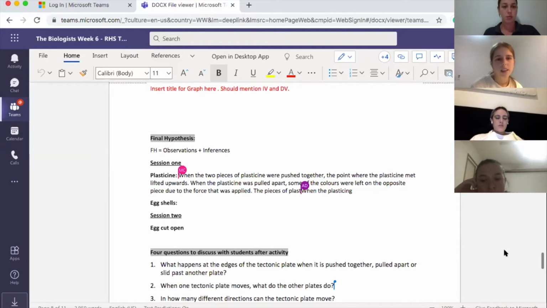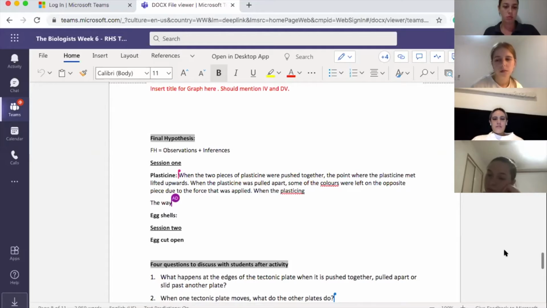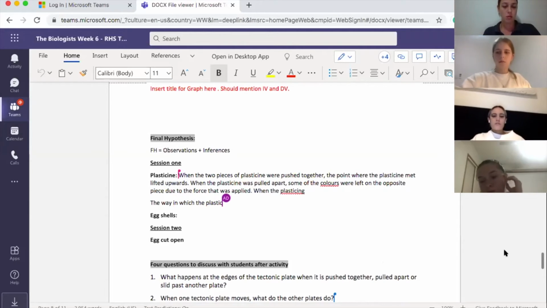I think I needed to use a new piece though. Yeah, I don't know. You could say something like just a general statement, like the way the plasticine and the eggshell moved or collided affected the overall shape of the edge or the crust of it.